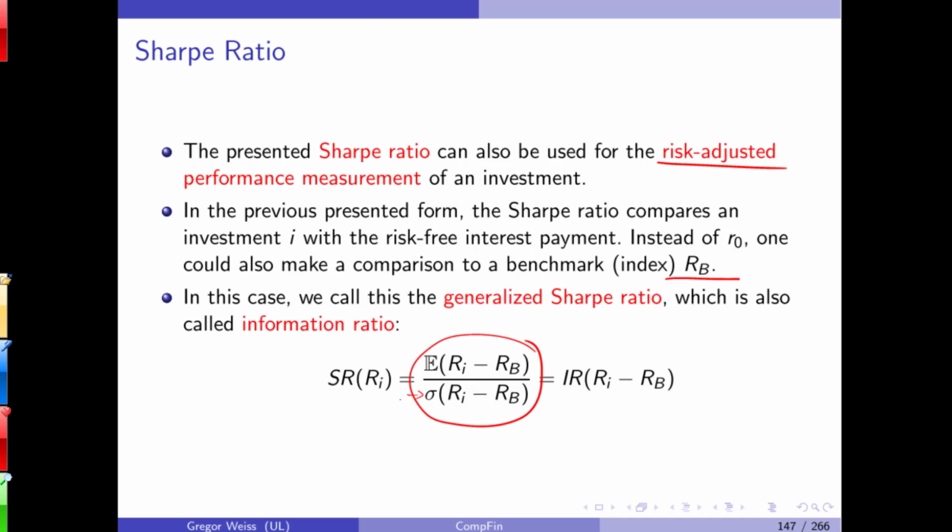So we do not look at just one portfolio, but we compare our portfolio to a benchmark portfolio and then calculate the expected return and the variance. The difference with the regular Sharpe ratio is that there the benchmark would be the risk-free investment, but you can do the same with any other benchmark portfolio. This is the information ratio.